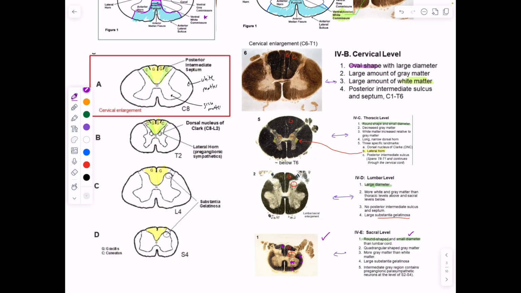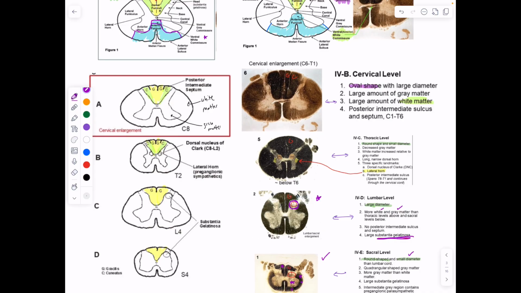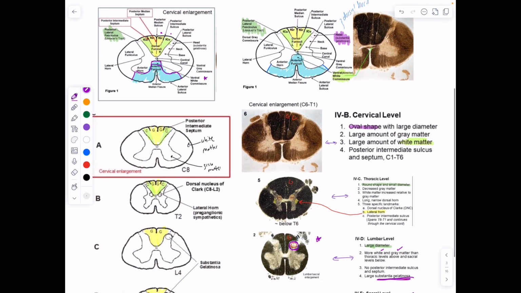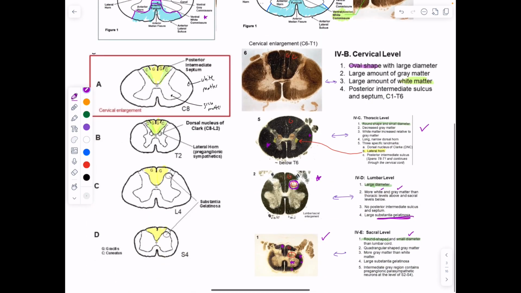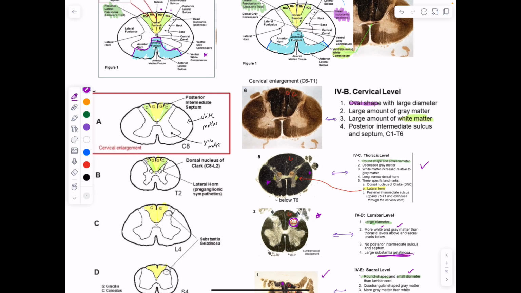Then you go up to the lumbar level, which we can see here. You have both more gray and white matter. In particular, you have this large substantia gelatinosa, which we'll talk about when we're dealing with the ALS tract for pain. It has inhibitory neurons that will release opioids to mute pain. Then we have the thoracic level, and notice how massive the white matter is because we're getting further up in the spinal cord, so you have more and more axons joining from lower levels.